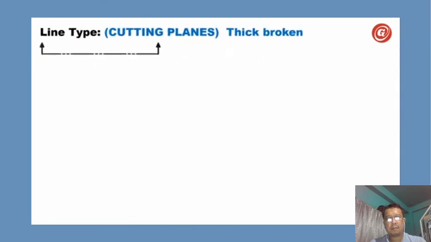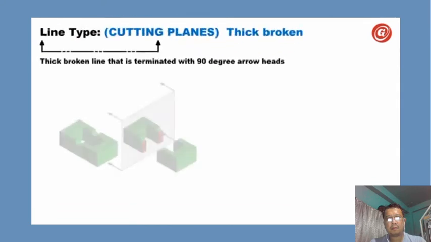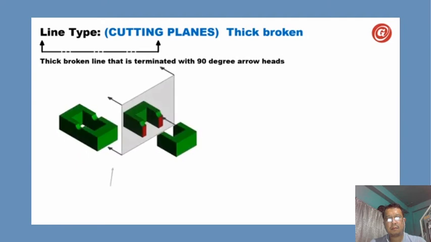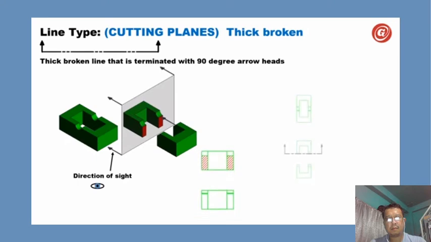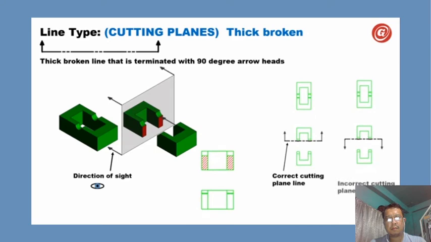Cutting plane line. This is a thick broken line that is terminated with 90-degree arrowheads. The arrowheads indicate the direction of the cutting plane.